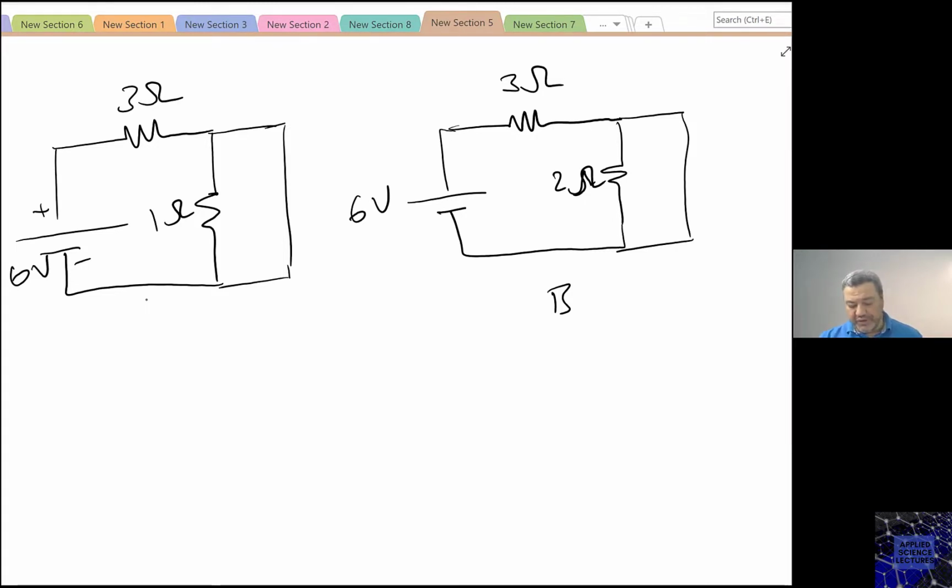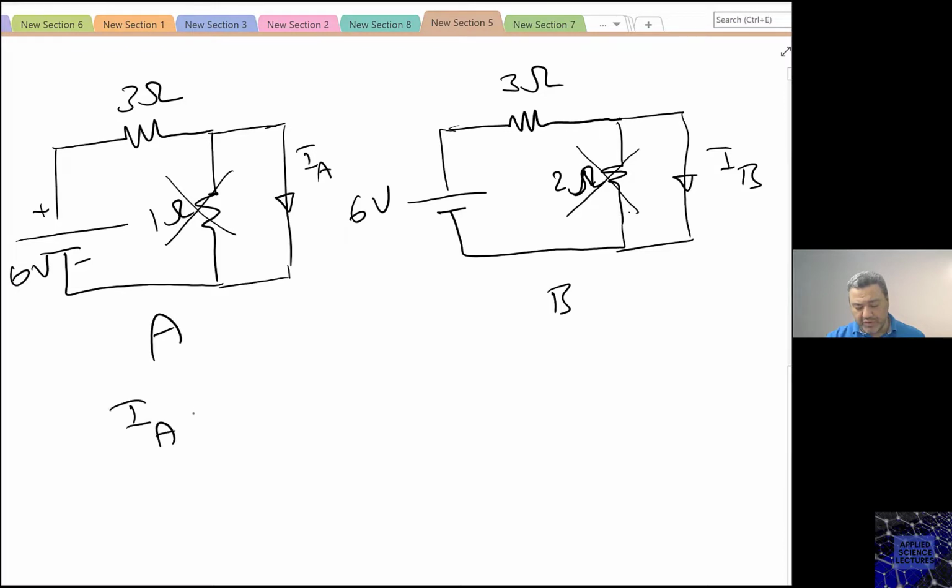Okay, so in this case, this resistor and this resistor will be shorted out, and the currents going into the inductors, let me call them IA and IB, are going to be the same.